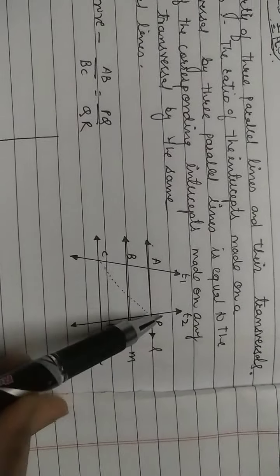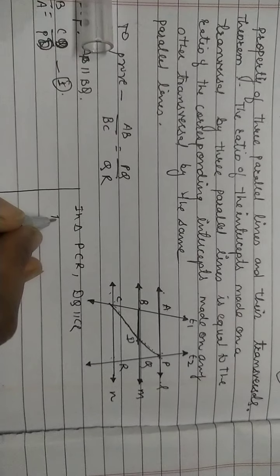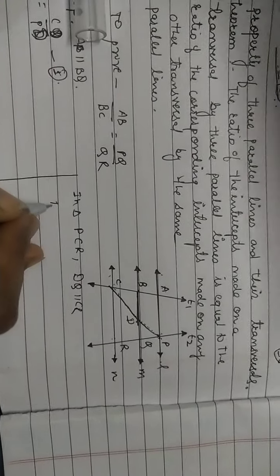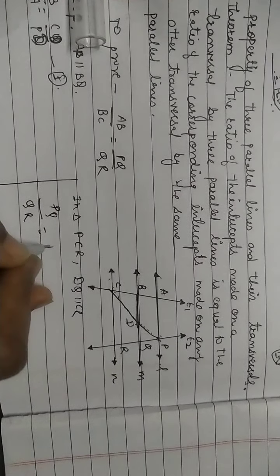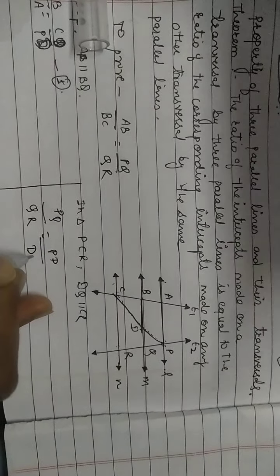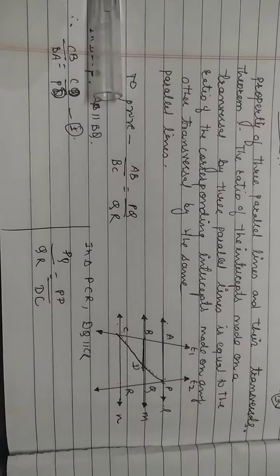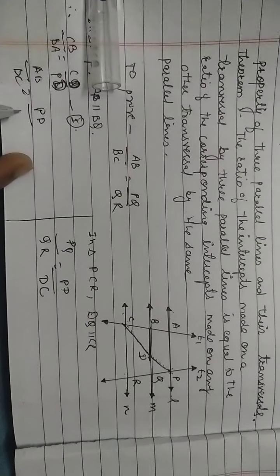So because of that, PQ upon QR equals PD upon DC. Yes, PQ upon QR equals PD upon DC, or we can write the same thing here: AB upon BC equals PD upon DC.